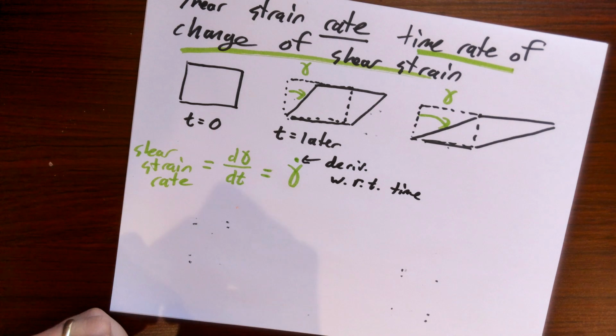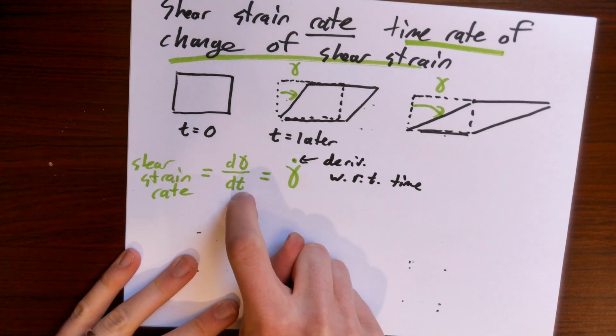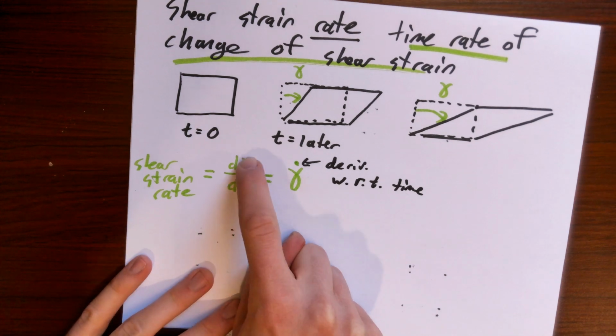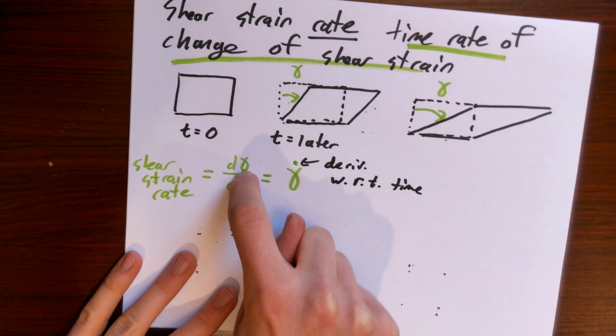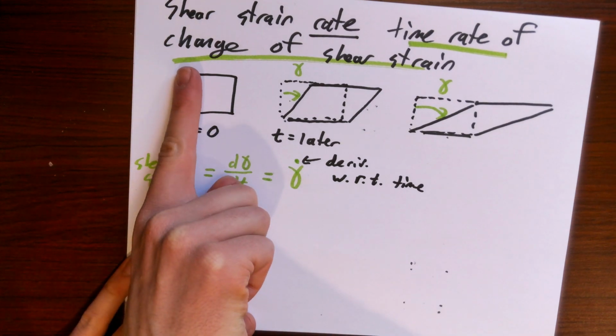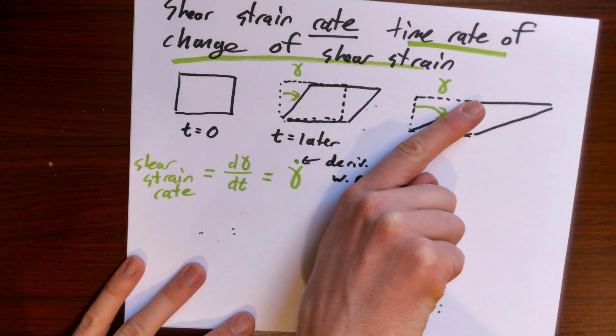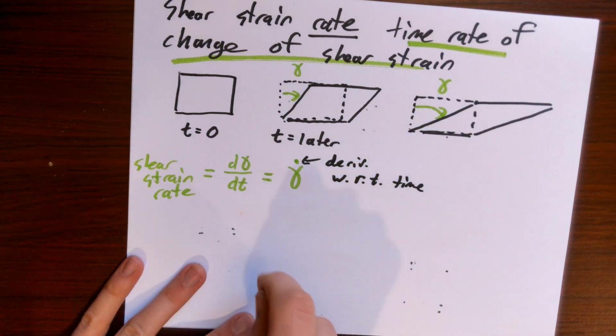So if you see gamma dot, your brain should immediately go, oh, I'm just replacing this with d gamma dt, and d gamma dt is the time rate of change of gamma, right? So if I have a d gamma dt, after some amount of time some amount of gamma has accumulated, and then after a longer amount of time, more gamma has accumulated.